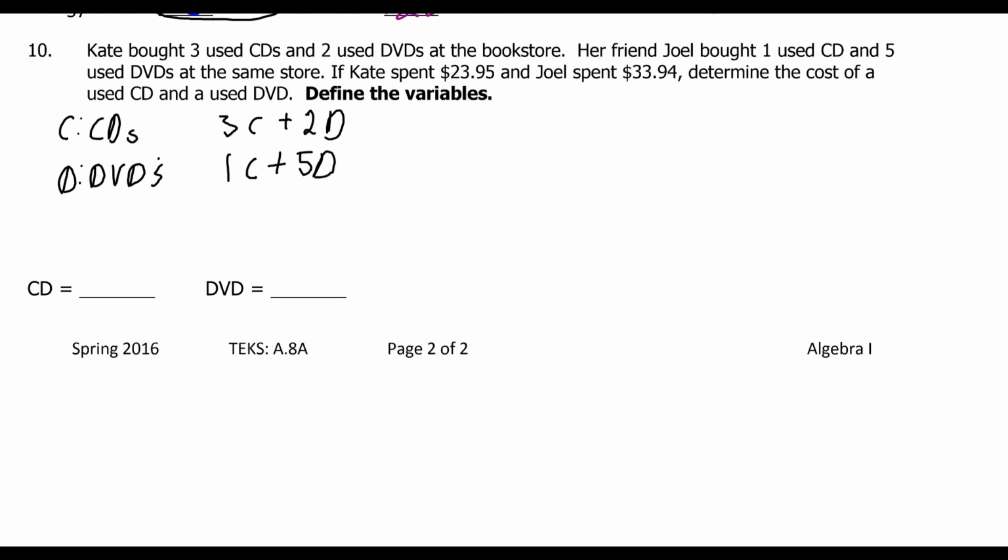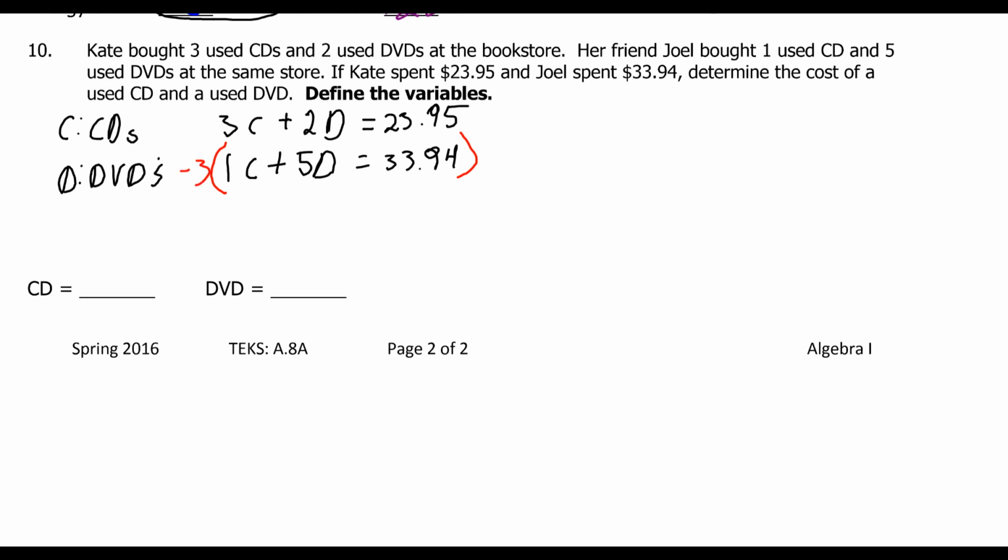We don't know how much they spent total yet; we're about to find that out. Kate spent $23.95, and Joel spent $33.94. There's nothing that screams, hey, I can cancel, so we have to make our own canceling term. I'd suggest multiplying the bottom row by -3.